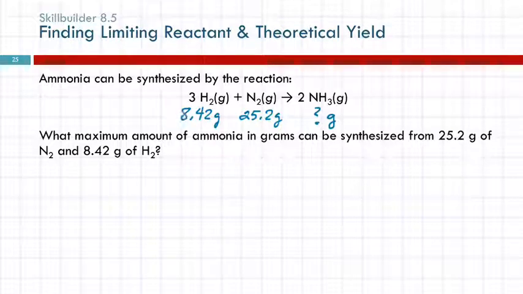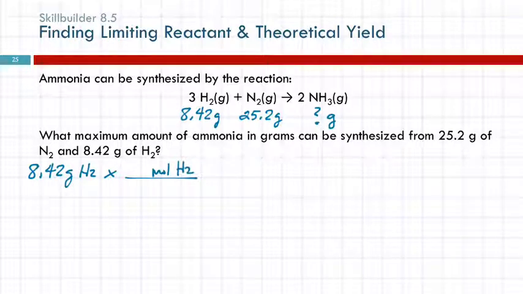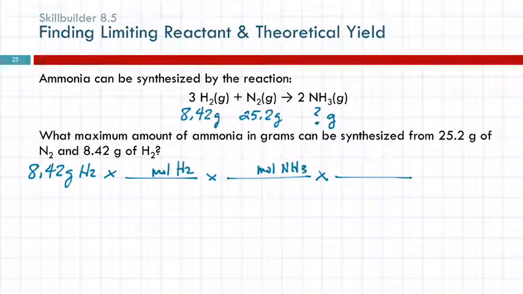I like to start with the first one, 8.42 grams of hydrogen. Grams to moles, to moles. Moles of what? The moles of the thing with the question mark. Moles of NH3. Grams to moles to grams of NH3.